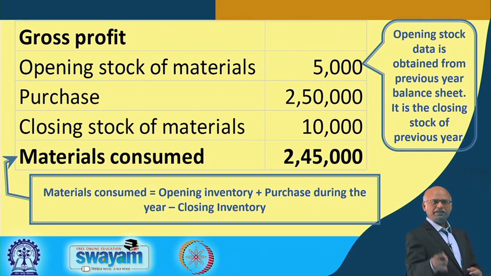But at the end of the year you found that 10,000 rupees worth of stock remains unsold. That is to be deducted because you have not sold that. So, 2,55,000 minus 10,000, the closing stock, means your material consumed is 2,45,000 rupees.